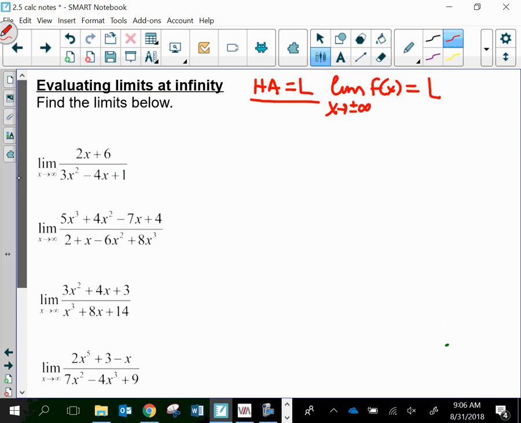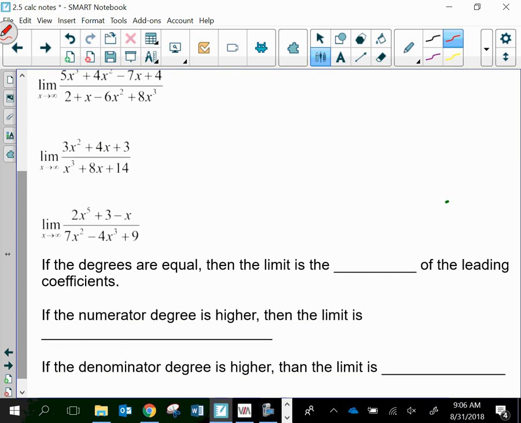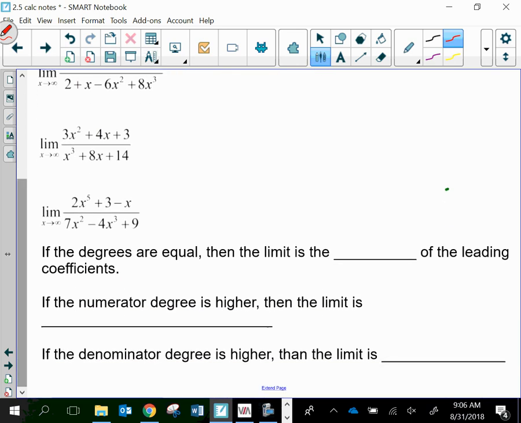So, let's look at the degree of the numerator. What is it? It is 1, because the highest power is 1. Okay? It's coming back, Lydia. The degree of the denominator is what? 2. Okay, now, this is a case where the denominator degree is higher than the numerator. This is example 1.